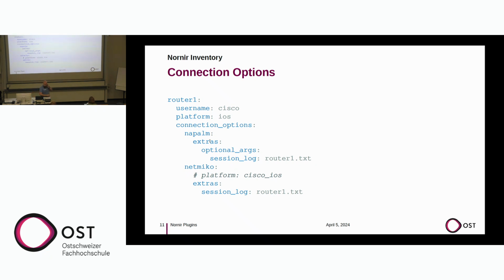So the question is, how do we handle NAPALM optional args with different vendors with different background libraries, right? How we can handle this is we have to specify these options for each device, or device type.